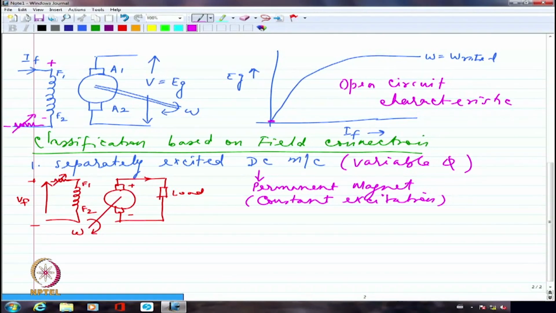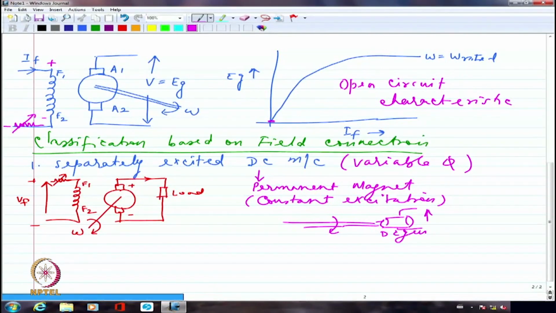So if you want to sense the speed, we already said that the generated EMF is proportional to the speed. So let us say I have a rotating mechanism, right? Along with that, I have coupled a small generator, DC generator. So if I try to measure the voltage, what is generated, that will give me an index of what is the speed at which the shaft is rotating.